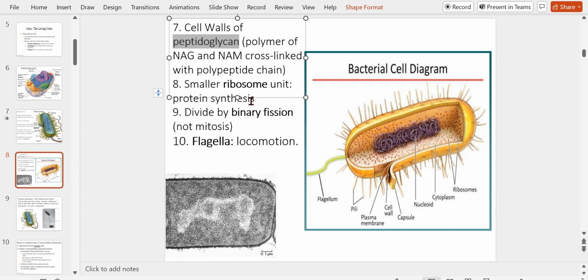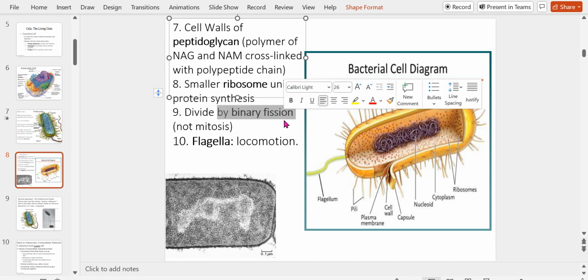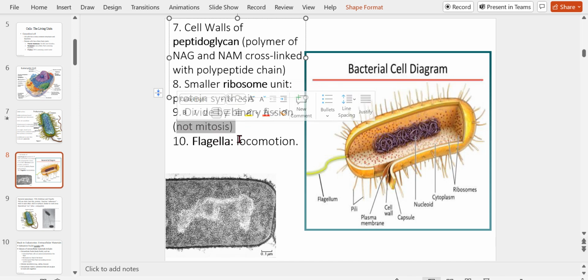Smaller ribosome units here, it's all about protein synthesis. And bacteria divide by binary fission, where one cell will create two. This is not mitosis.